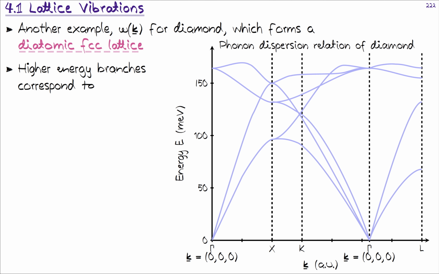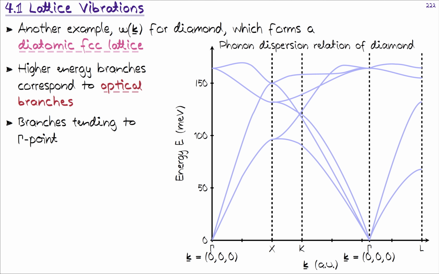So the high energy branches, these are the optical branches as mentioned. And the branches that go to the gamma point, these are the acoustic branches of the FCC lattice. So please see that when we have acoustic branches, they actually tend to the gamma point like this, and the energies associated will be zeros.